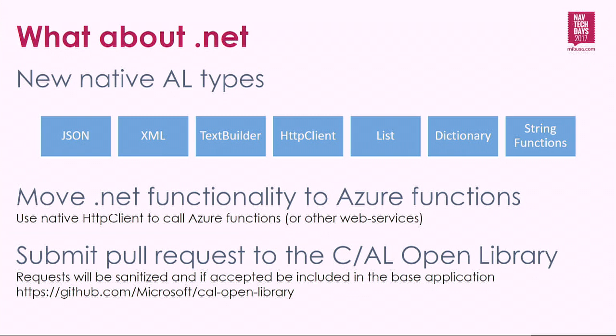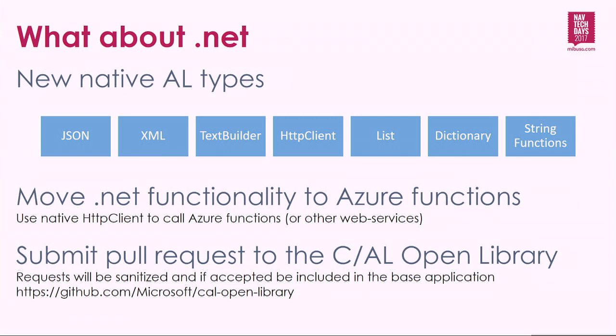On that list, we needed JSON support. We needed XML. And now I'll skip a bit ahead and mention the HTTP client support we added, because those go hand in hand. In order to call external services, you need a combination of those. The TextBuilder is also something that many have asked for, and I shall be the first to admit that string manipulation within AL has never been that fast or that rich, but we added TextBuilder as a native type.